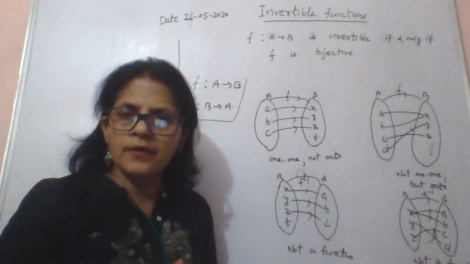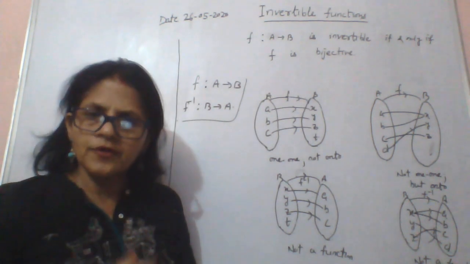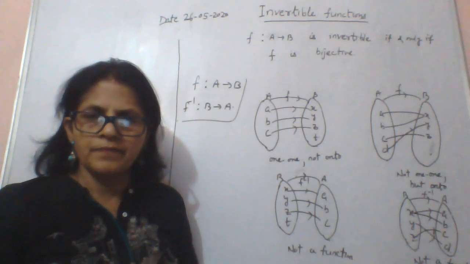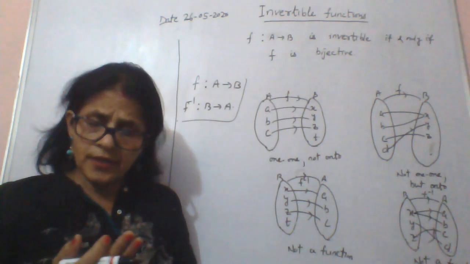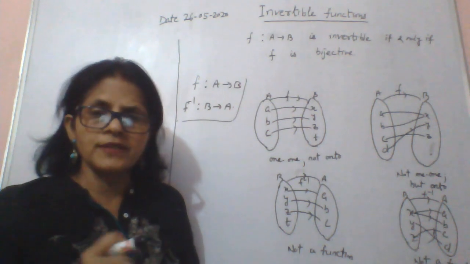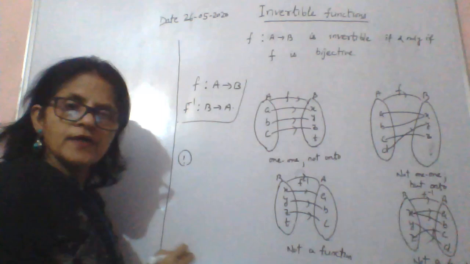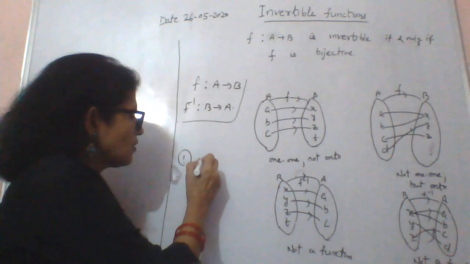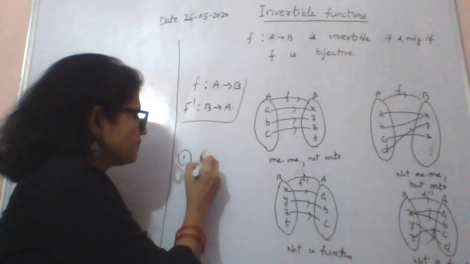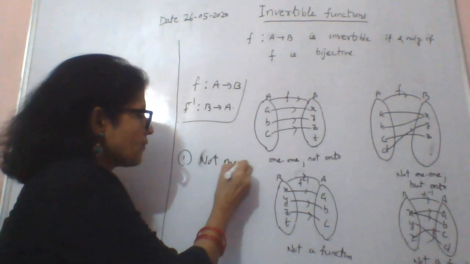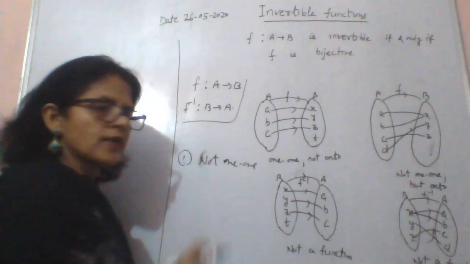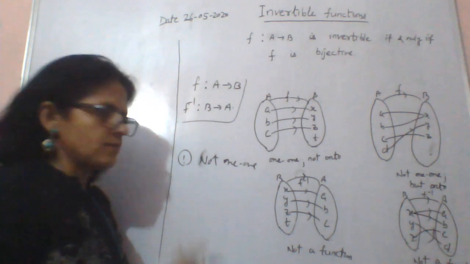Suppose now my point of discussion is, suppose the function is not bijective. Tell me when the function is not bijective. A function will not be bijective in 3 cases. First, it is not 1-1, it may be onto, but it is not 1-1.